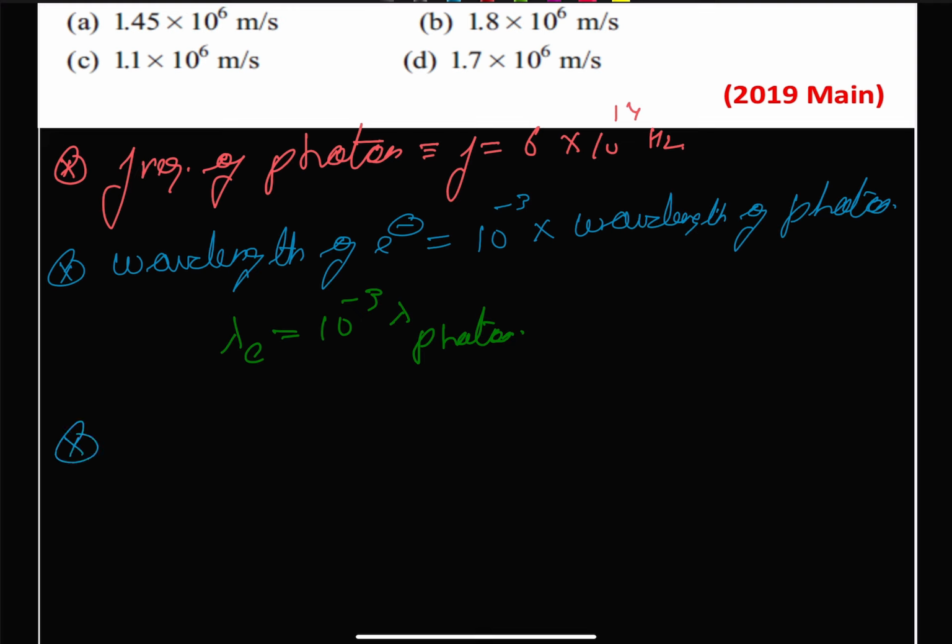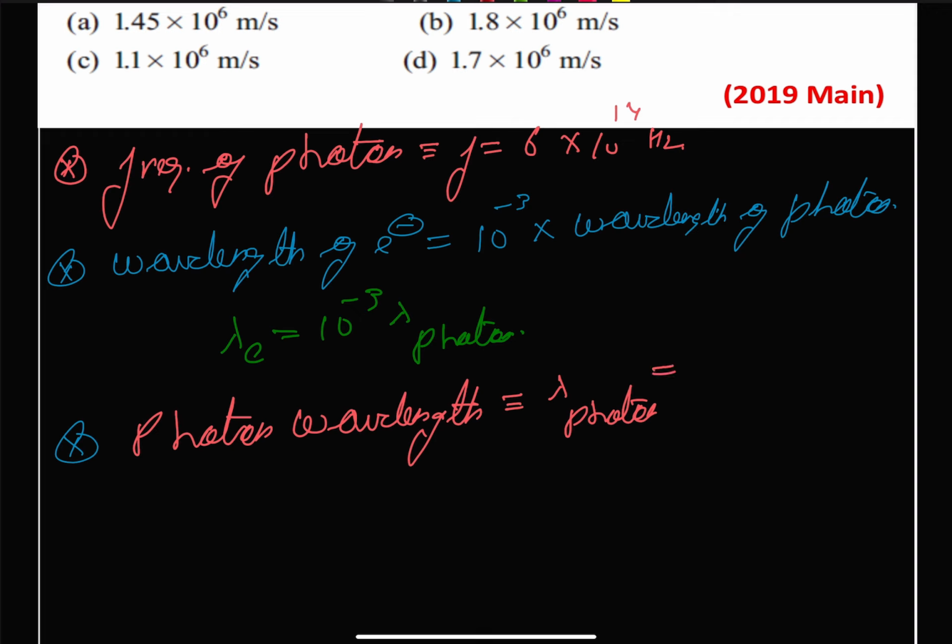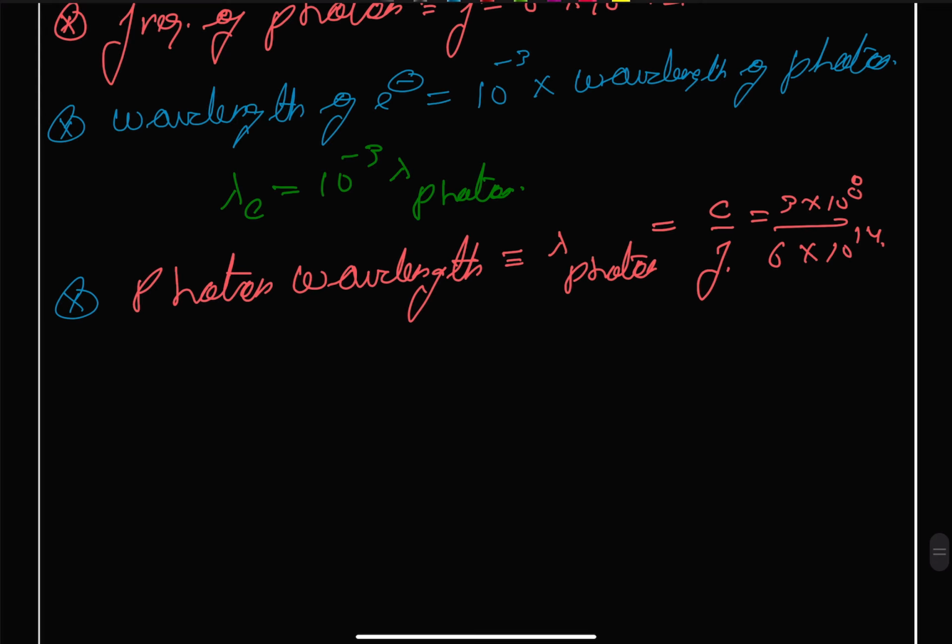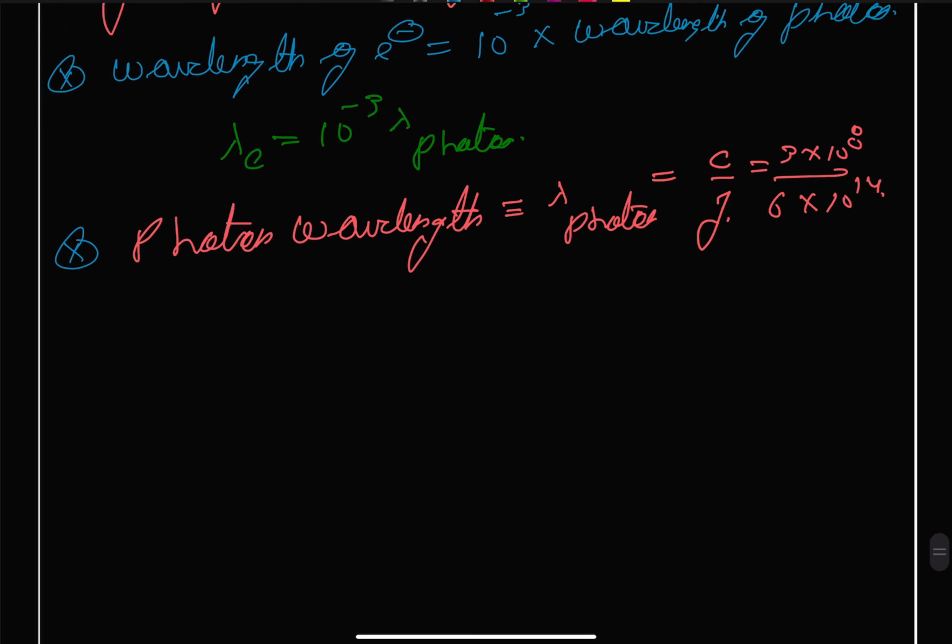So photon wavelength, which is our lambda photon, will be equal to c upon frequency. C is our 3 into 10 to the power 8, frequency is our 6 into 10 to the power 14. So this gives us that our lambda photon is equal to 5 into 10 to the power minus 7 meters.